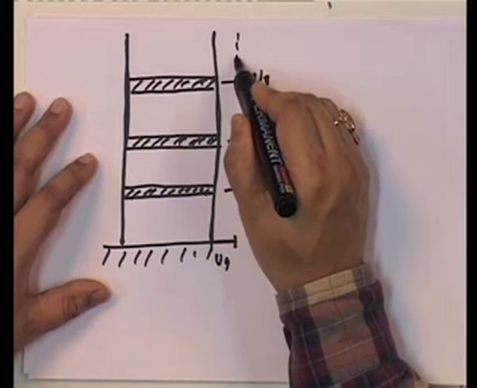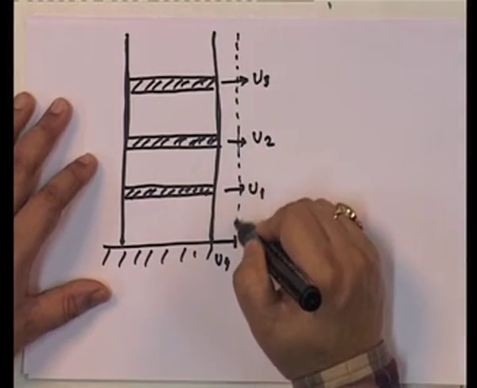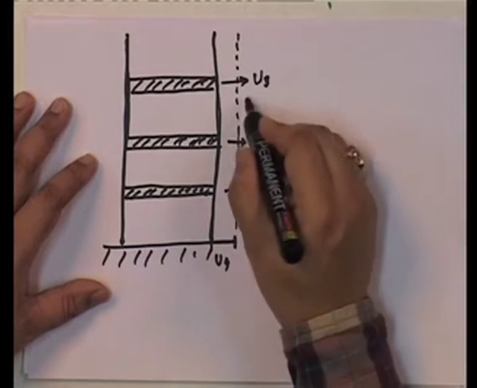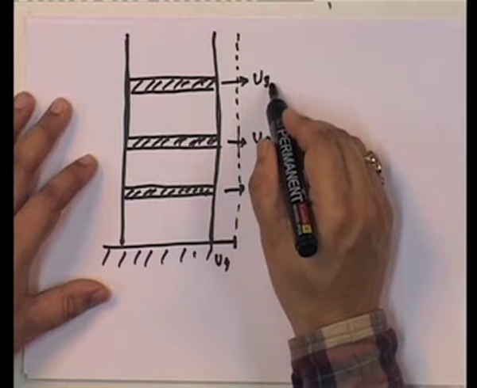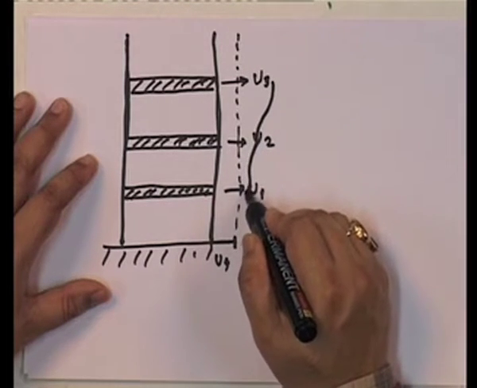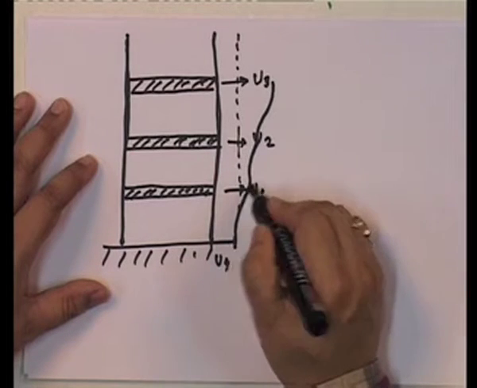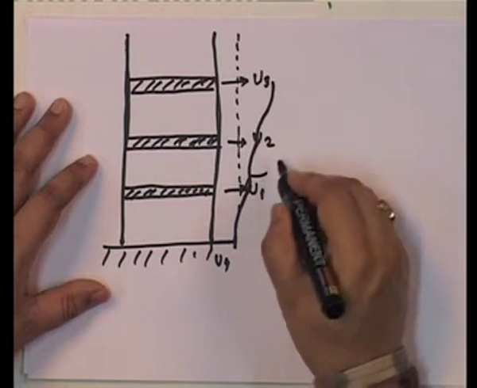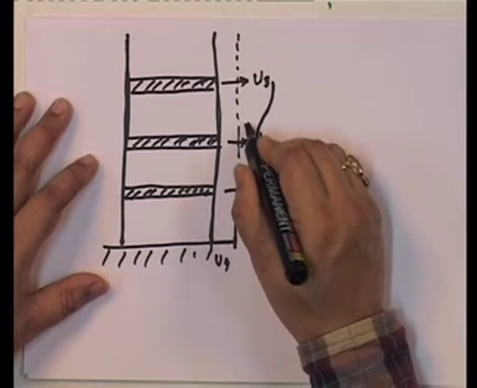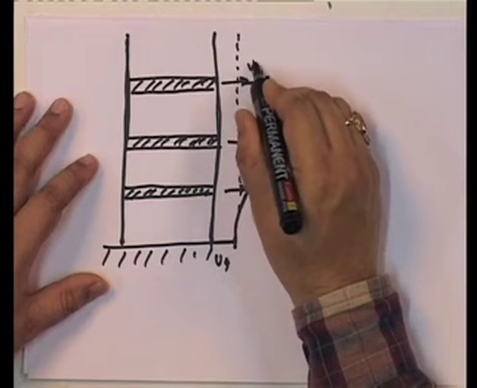So, I am going to look at this as the shifted inertial frame, and due to the base, this actually starts going. So, you have what we call V1, V2, V3.